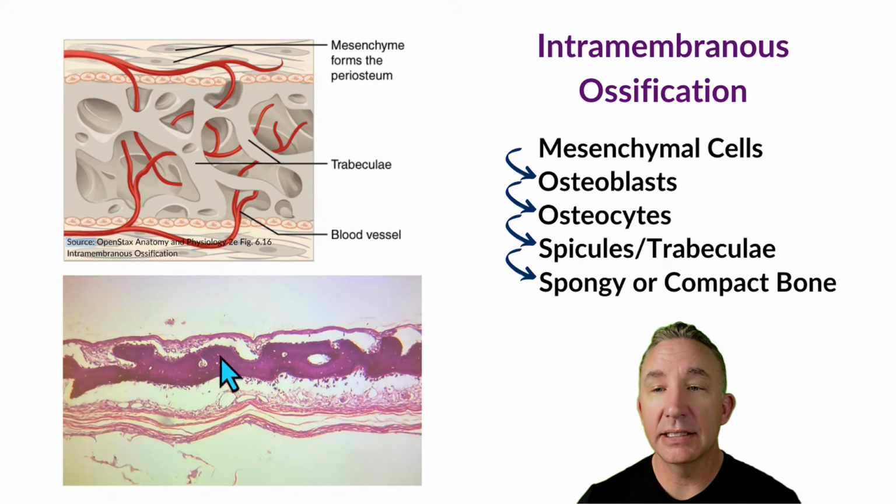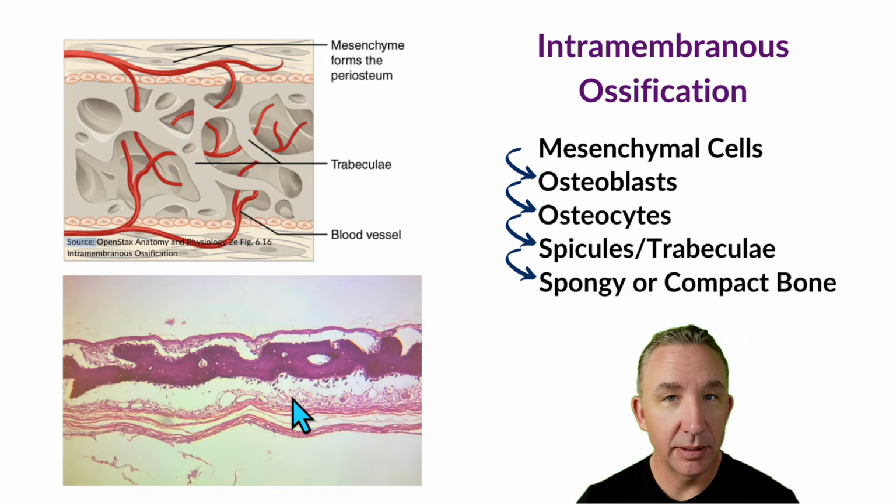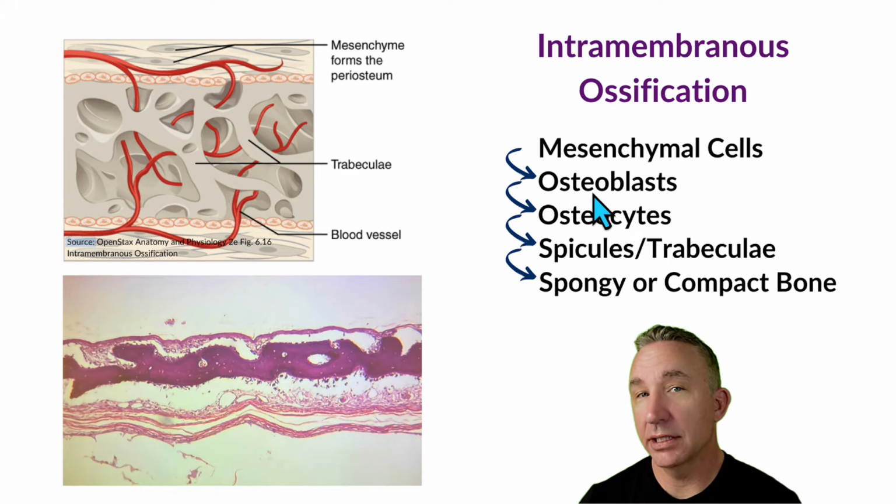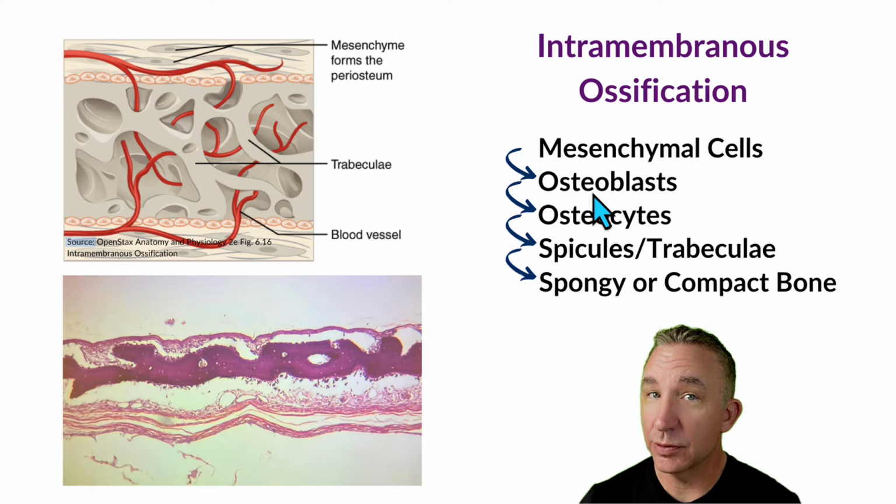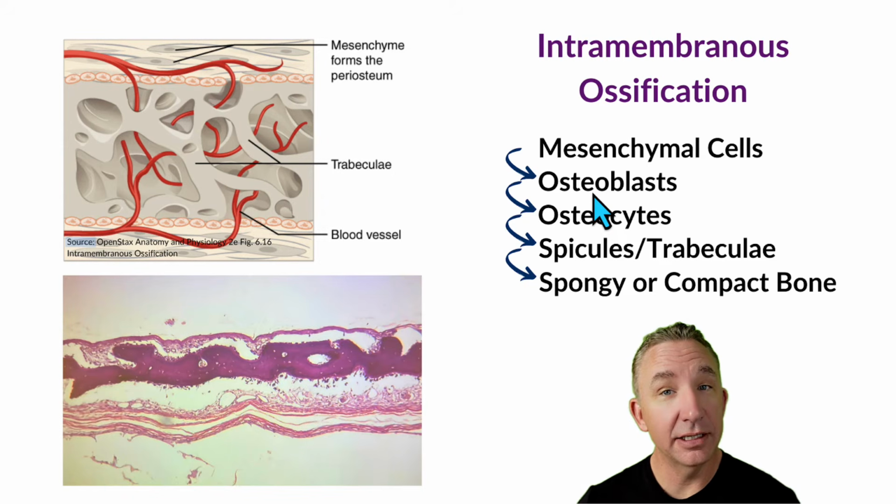So we start with mesenchymal tissue and usually two sheets of it, to where the mesenchymal cells are migrating, but they start to change or differentiate into osteoblasts. Remember, you also have osteoprogenitor cells, which are then the stem cells of bone. So depending on the text, sometimes mesenchymal will turn into osteoprogenitor and then osteoblasts.